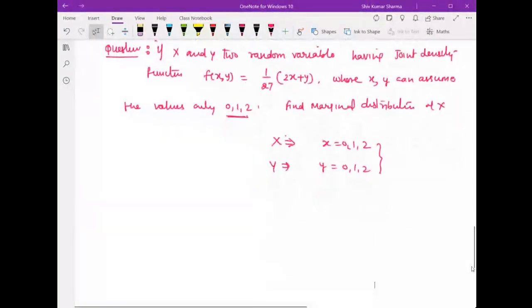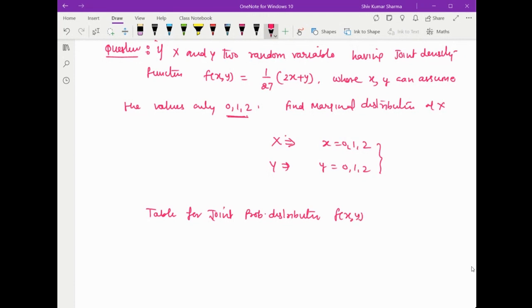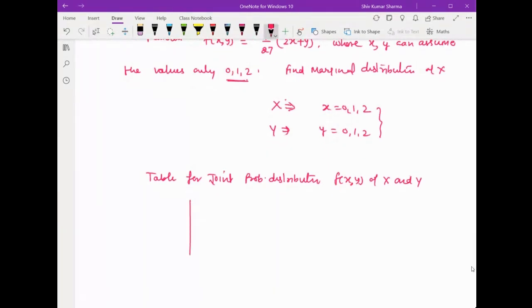So when we construct a joint probability distribution table, here we take the value of x and this side we take the value of y.